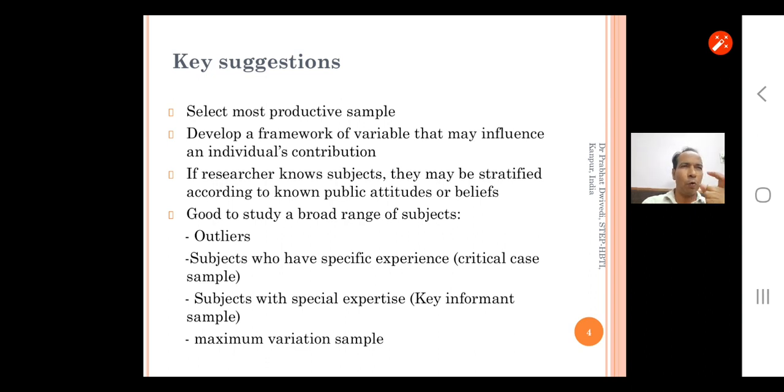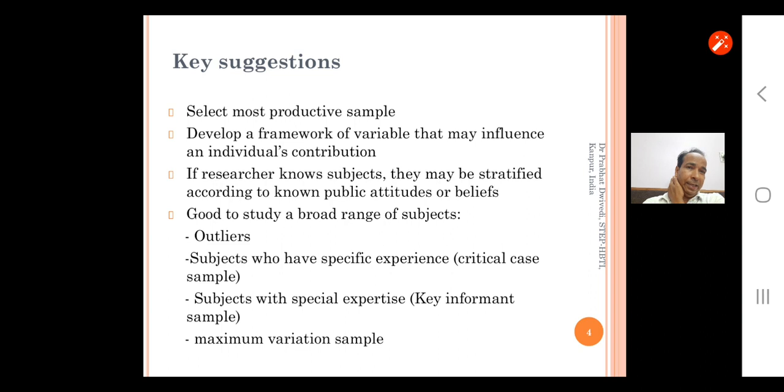So if we are going to select 30 or 20 respondents, we have to think that most of them or almost all of them should be productive. But nobody can be 100% sure of it. But we should try.